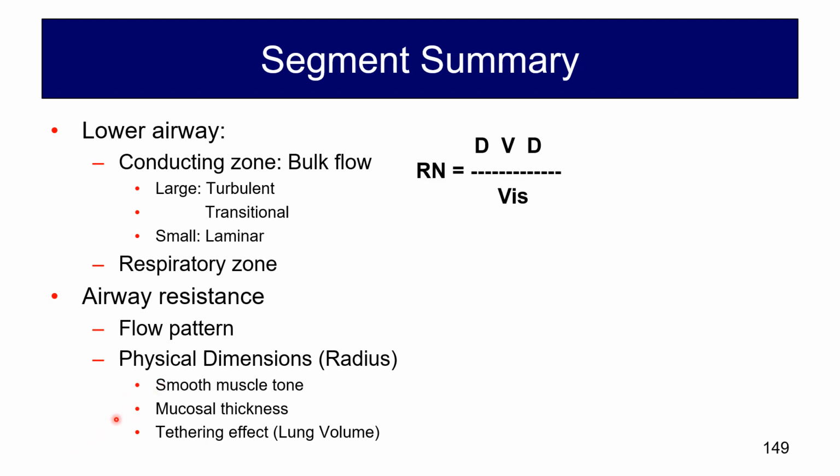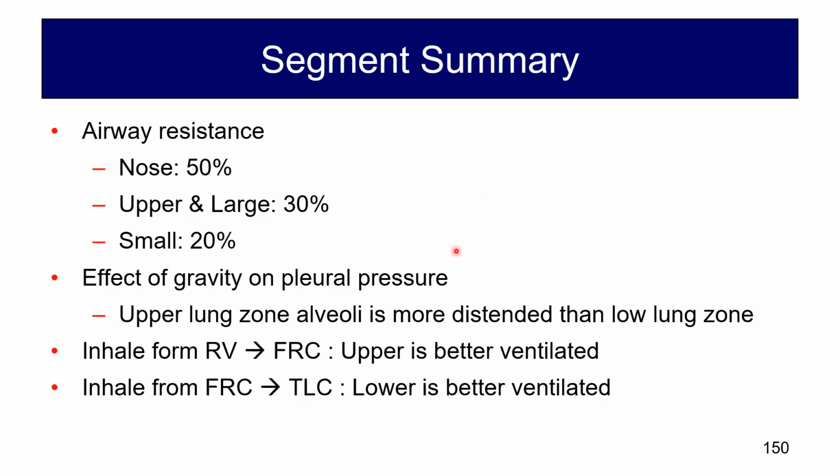Now, the flow pattern is dependent on the Reynolds number, which is density, velocity, and diameter over viscosity. Okay, the airway resistance is highest at the nose, followed by the upper airway and the large airways, and the small airway only contributes 20% of the total airway resistance.